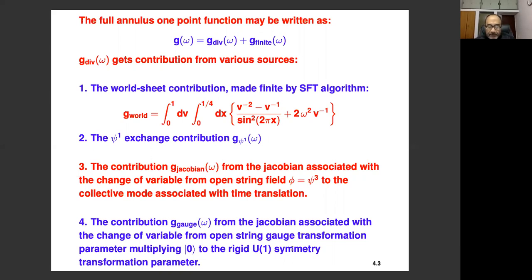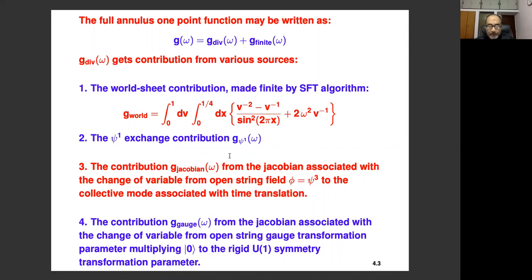But that we need to relate to the rigid U1 symmetry, because that's what we know how to factorize. So in making this change of variable from the open string gauge transformation parameter to the parameter that labels rigid U1 symmetry, we'll run into another Jacobian, which will also contribute to the 1-point function on the annulus.